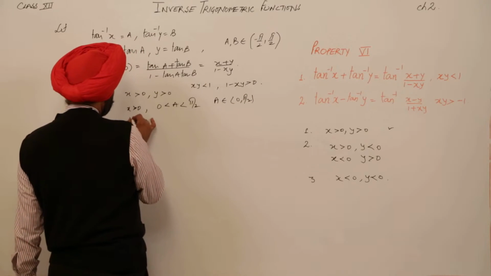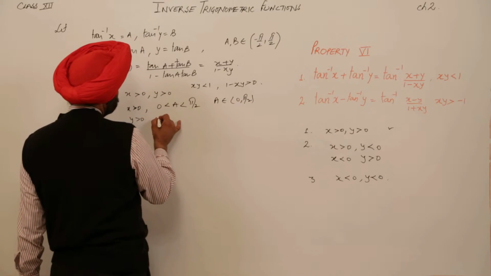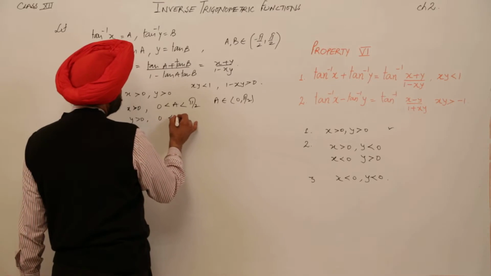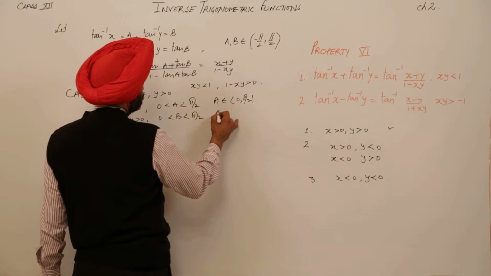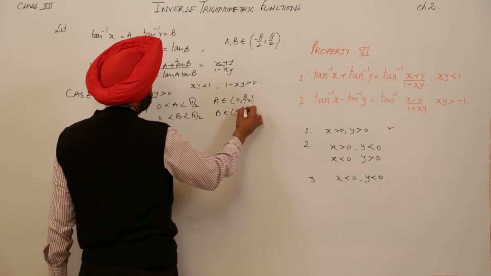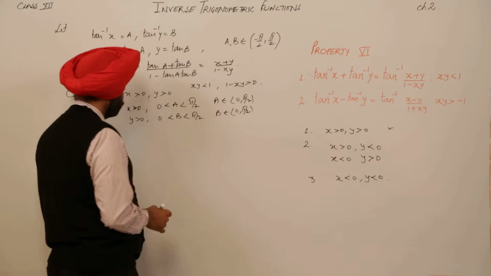And when y is greater than 0, we have 0 less than B less than pi by 2. Here B belongs to (0, pi by 2).